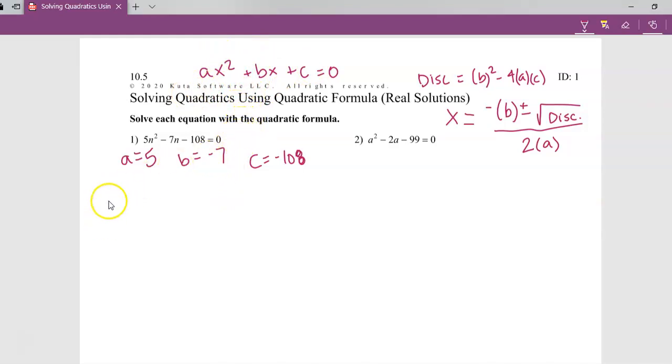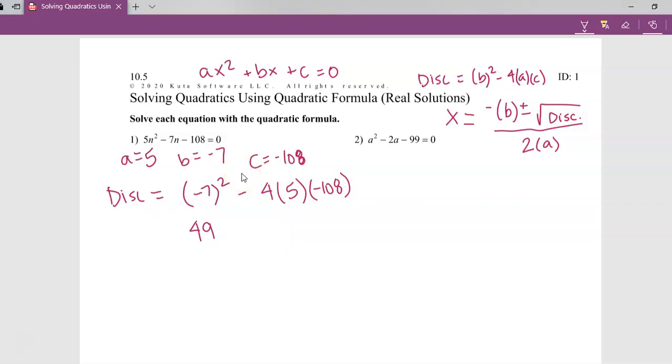All right, so the first thing we want to do is find our discriminant. So that's b squared, so negative 7 squared, minus 4 times a times c. Okay, so negative 7 times negative 7 is 49. I'm going to put this other part in my calculator.